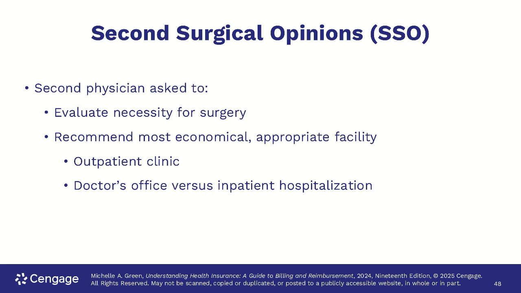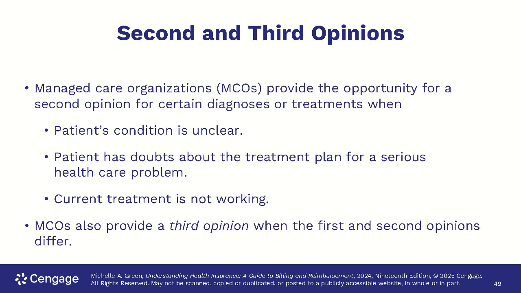Second surgical opinion. This is when a second provider is asked to basically confirm that the patient needs the surgery, right? That second person may say, well, no, let's do physical therapy and the patient could get better, right? But then also they're looking at what's the most economical facility. So outpatient surgery versus inpatient.